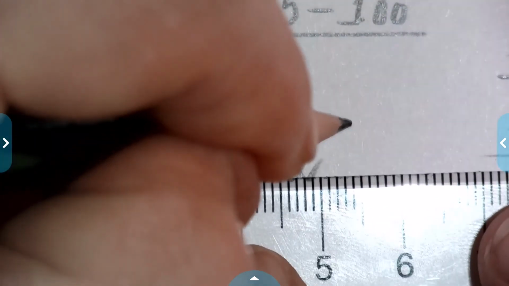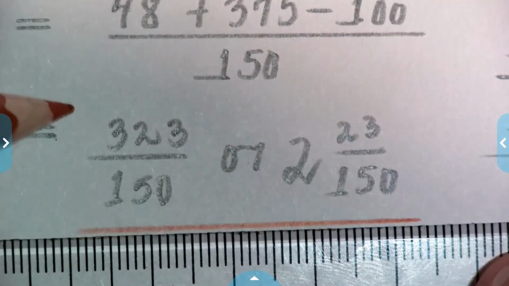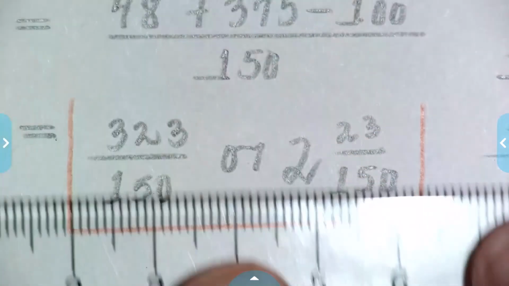So 2 and 23 150ths, if they make you do that. Okay, so those are your options. To me, I don't care either way. But who knows what the software wants.